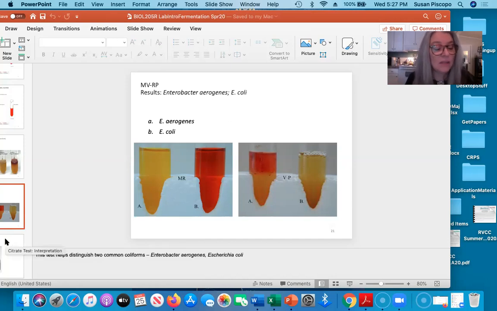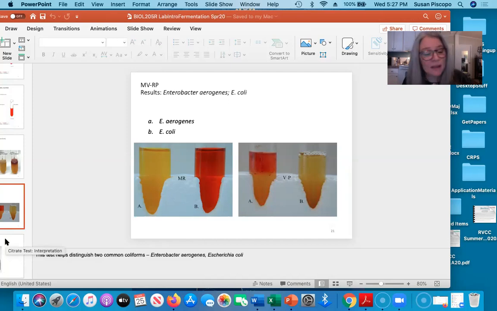So in your data table, at the top of page 122, you can now fill this out. Again, using these results. You can record that E. coli has a positive MR and a negative VP.